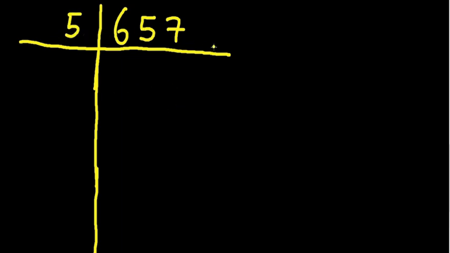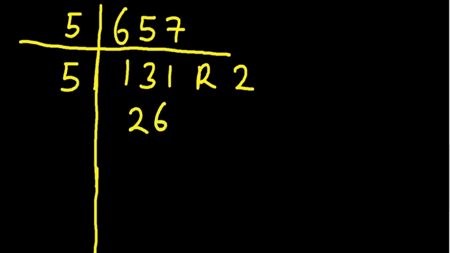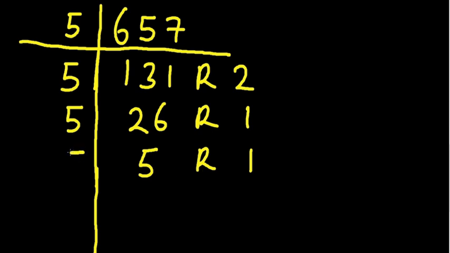Now 5 into 657 is going to give us 131, remainder 2. 5 into 131 is going to give us 26, remainder 1. 5 into 26 is going to give us 5, remainder 1. 5 into 5 is going to give us 1, remainder 0.